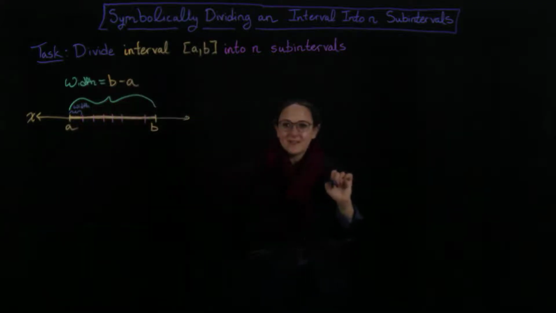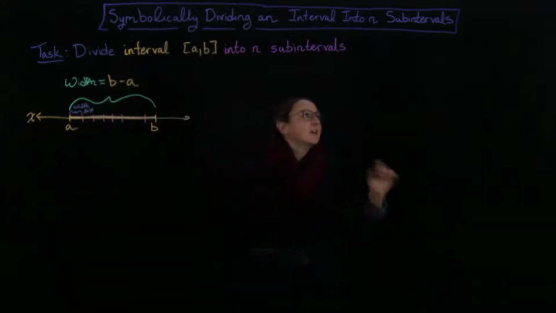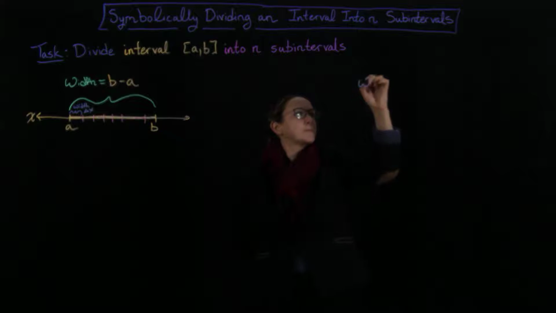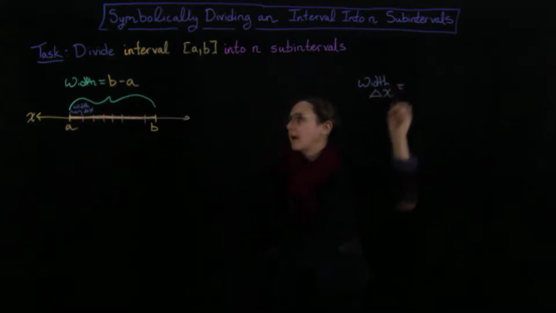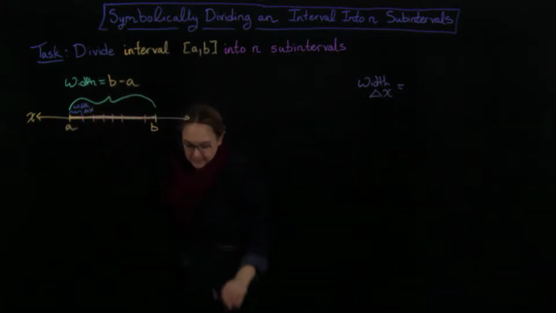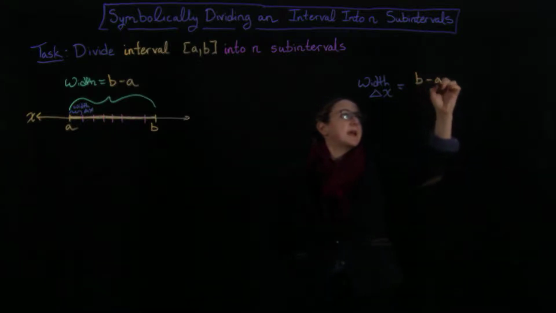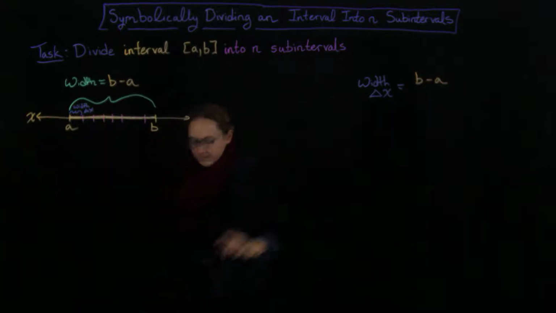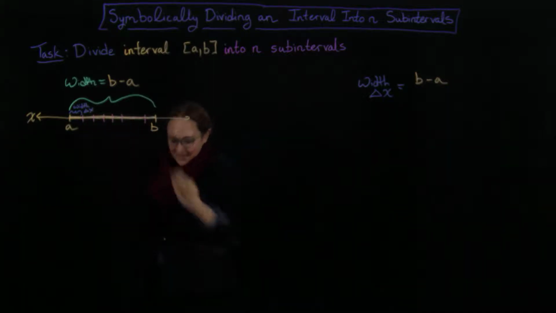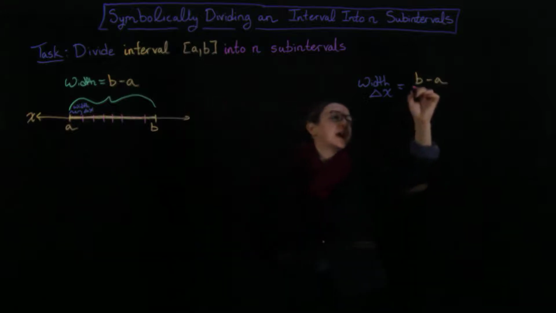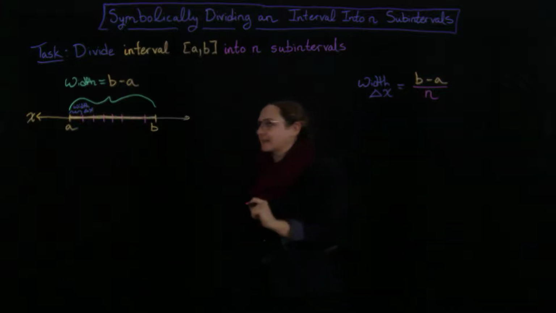We're going to call that delta x. So the width delta x: I want to take my entire width, which is b minus a, and I want n subintervals, so I'm dividing it into n pieces, so I have to divide its width by n, the number of pieces I want. That's how I figure out what delta x is.